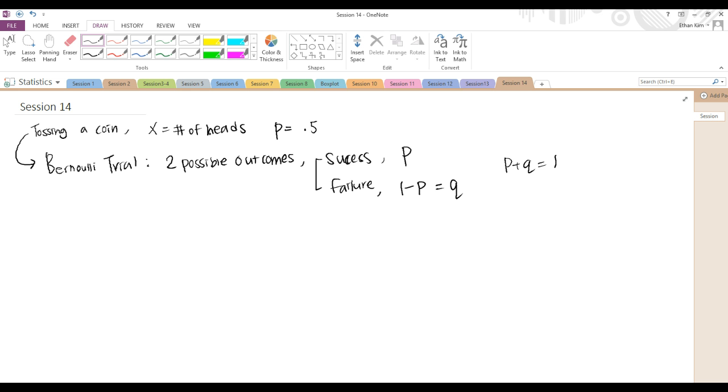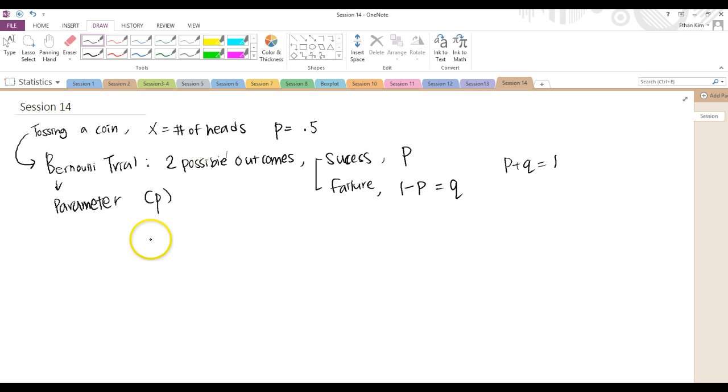For the Bernoulli trial, the parameter, the measure that determines the distribution, is just p, because everything else, such as q, we can infer from p. So we just need p for Bernoulli trials. Bernoulli trials are very simple to look at.